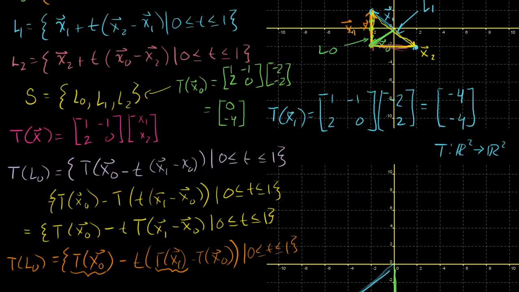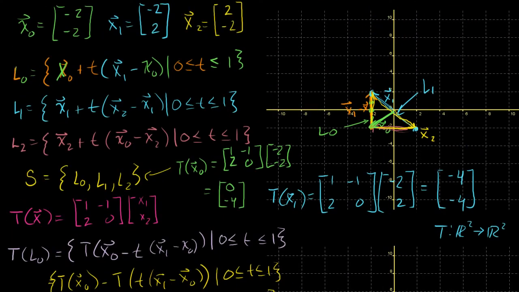And we have one left. Let's take our transformation of x2. So the transformation of x2 is equal to our transformation matrix 1, 2, minus 1, 0 times 2, minus 2. And so this will be equal to 1 times 2 is 2, plus minus 1 times minus 2.